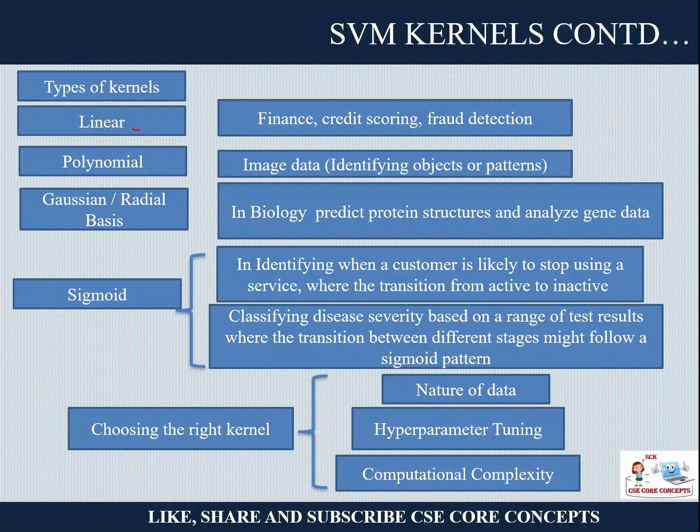Now if you want to separate the COVID positive patients based on their severity, who is in the highest danger state, who is in the lower risk state, and slowly the patient is transitioning from higher risk to lower risk state. If you have that type of transitional data, then you have to go for sigmoid kernels.